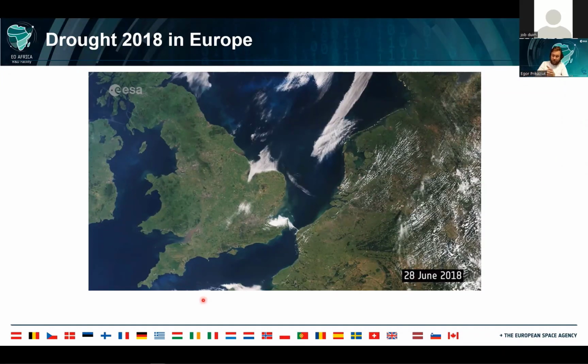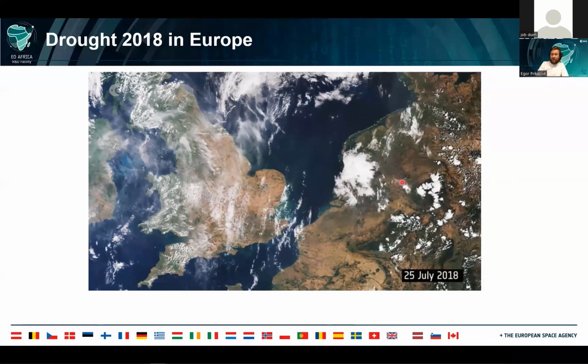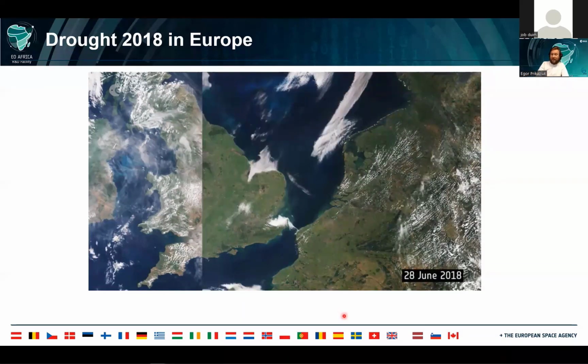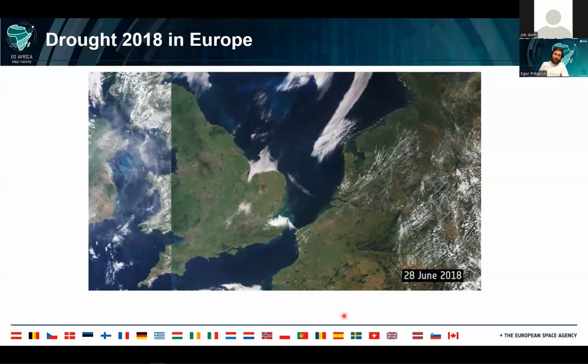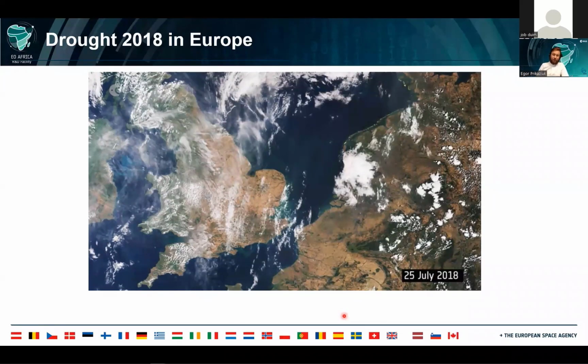In June, everything was fine and green. In July, everything went dry and yellow. For those of you who are not familiar with the European climate, I might say that this is an exceptional case. Normally, everything stays green up until autumn, when it finally gets yellow and dry. As I said, that was because there was no water to evaporate.